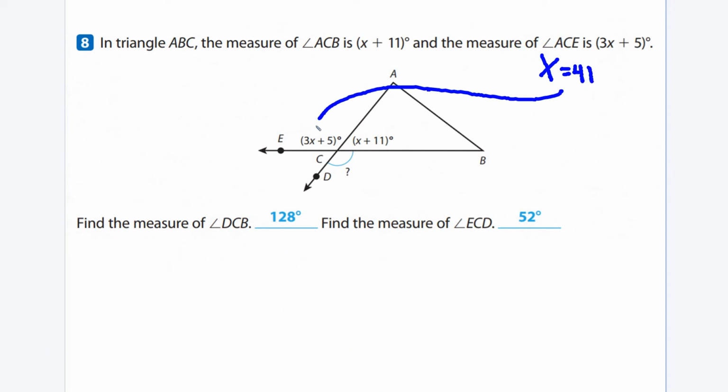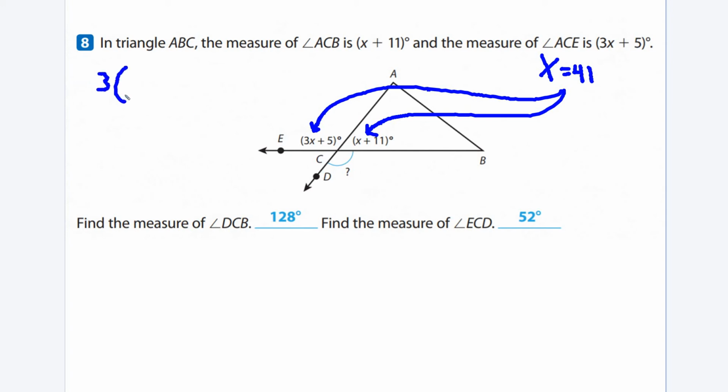So what do we do now? Now we take the x and plug it in here, and then take the x and plug it in here. Okay? You can see this is an acute angle, and this is obtuse. So let's do angle DCB first. Well, actually, we'll come back to that. Let's do angle ACE first.